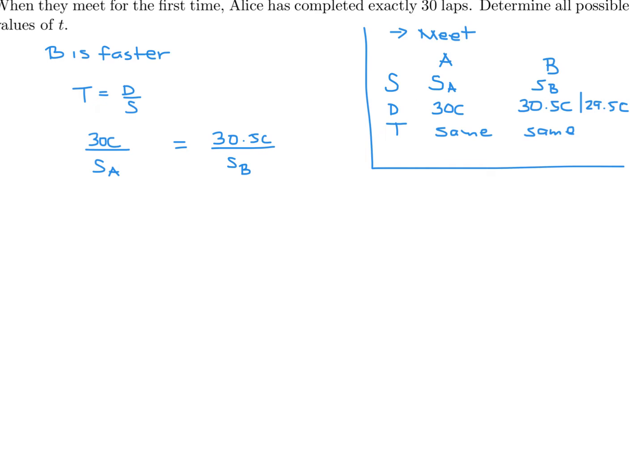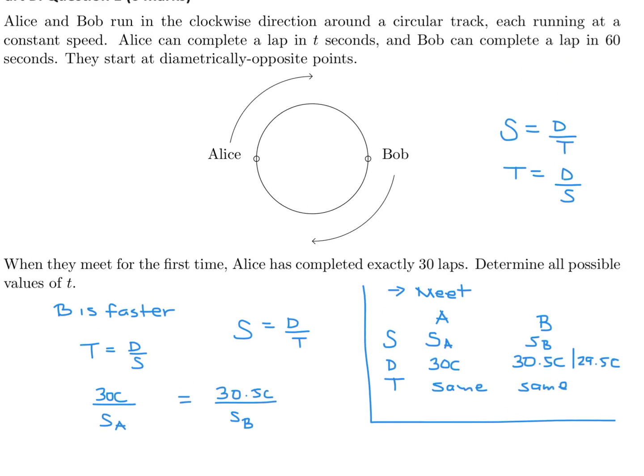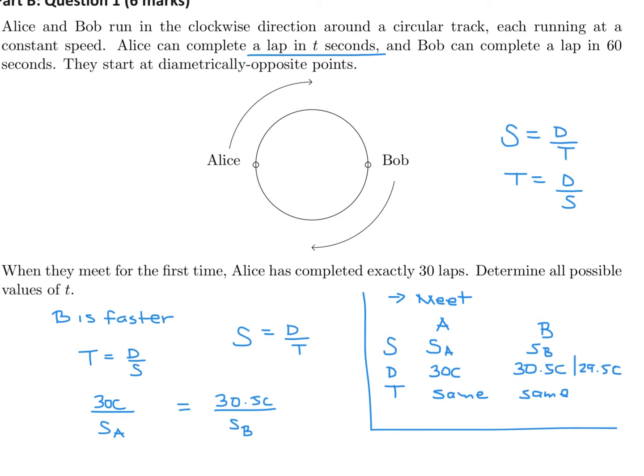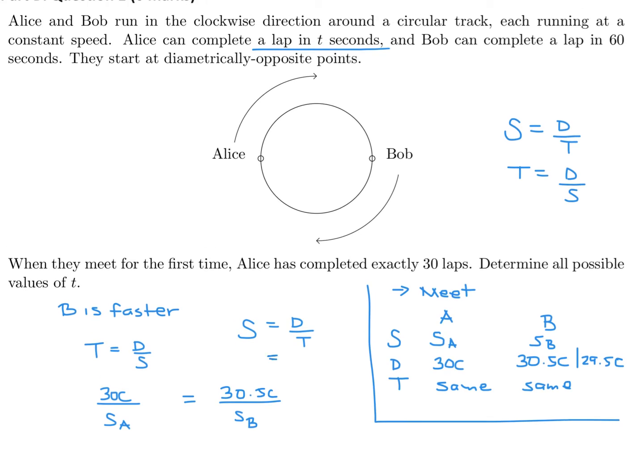Now the speeds, of course, speed is equal to distance over time, correct? They told us in the question that Alice can complete a lap in t seconds. So that means one lap, which is the circumference, just c, is completed in t seconds.